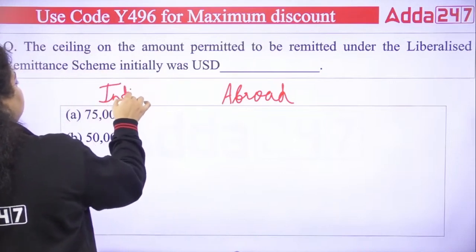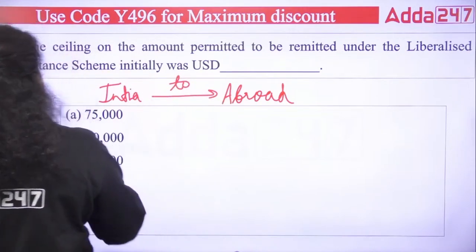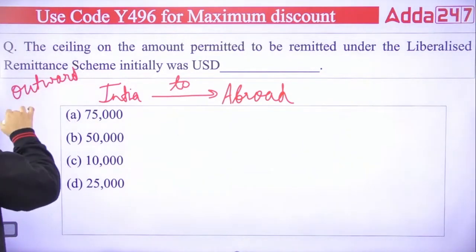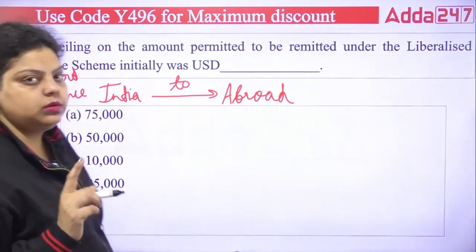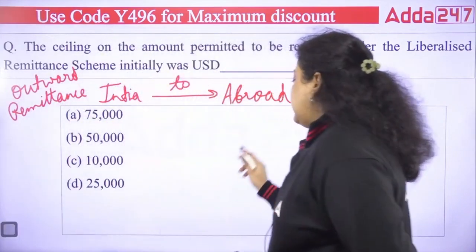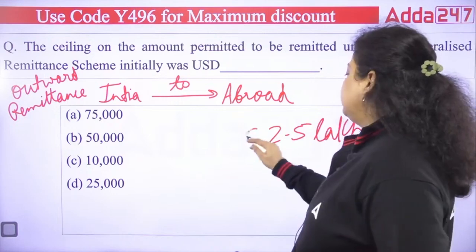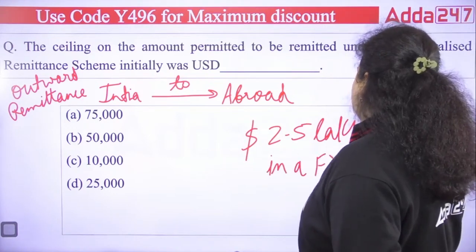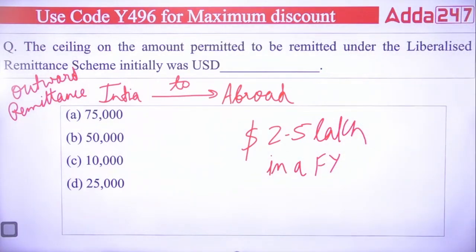And this is the outward remittance. And the amount which is right now allowed by the RBI is $2.5 lakh in a financial year. In a financial year, this amount of money can be transferred from India to abroad.